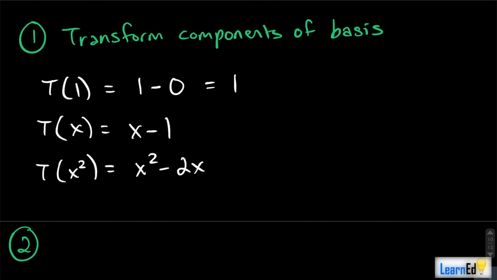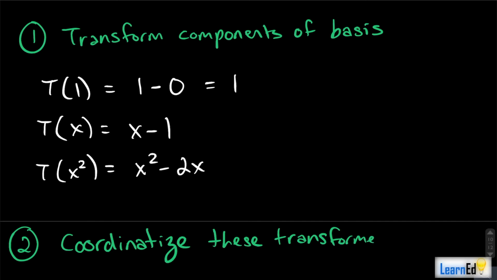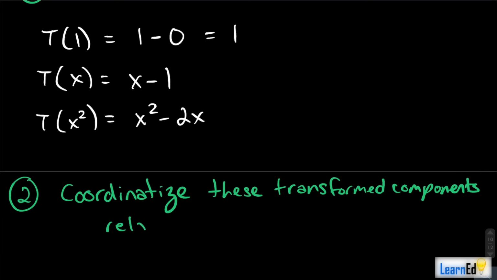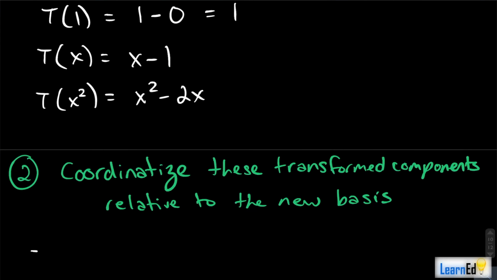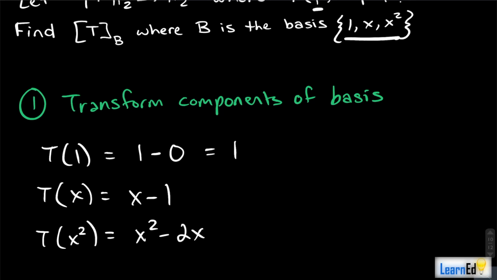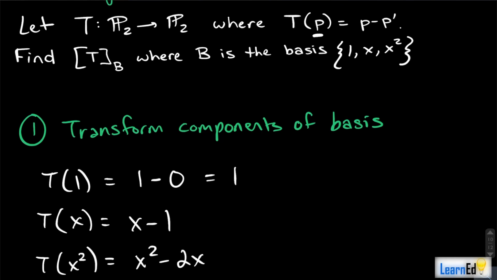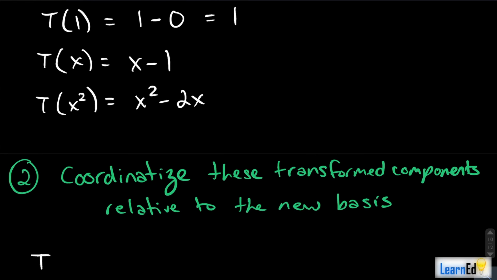And then the second thing is we want to coordinatize. I don't know if I'm spelling this right. We want to coordinatize these transformed components, and we want to do that relative to the new basis, which in this case is B. I know it's kind of an easier one to do because it's the standard basis for P2, but I don't think you would get anything too hard anyway.